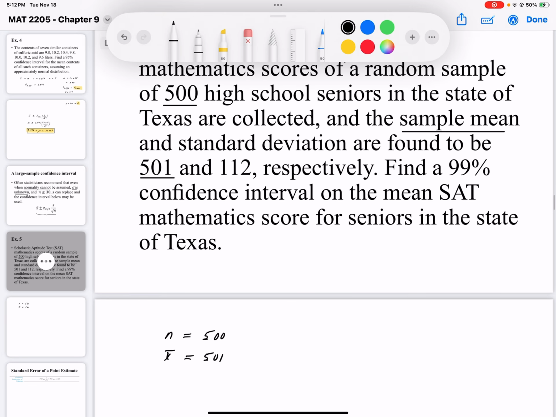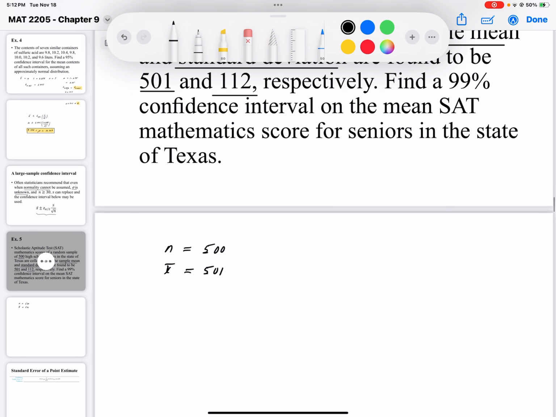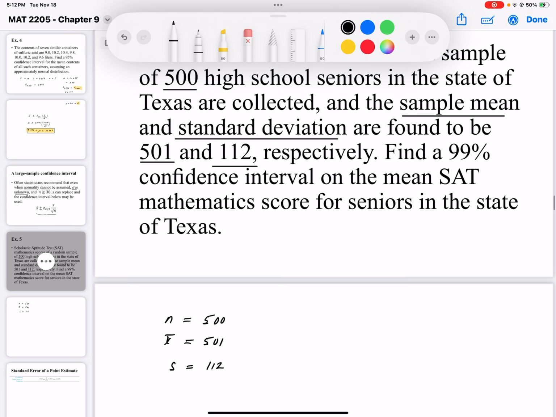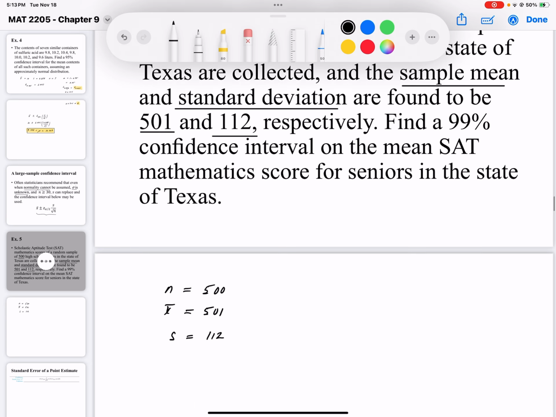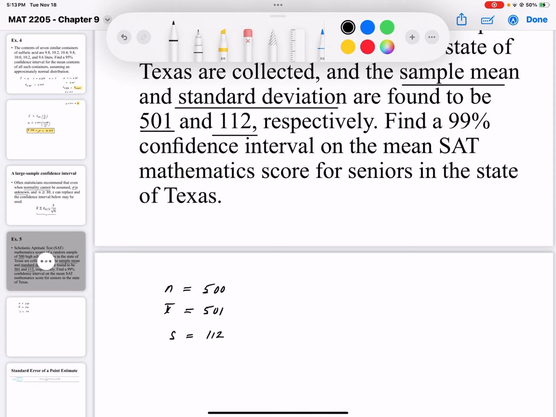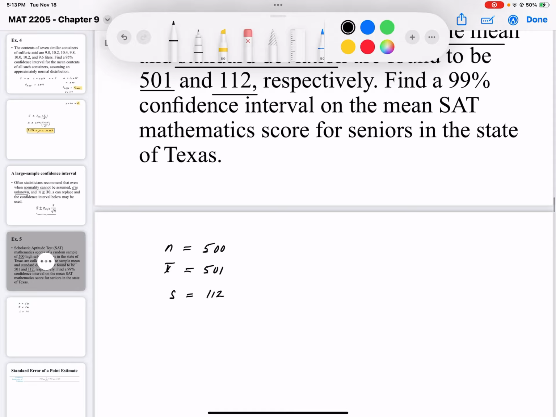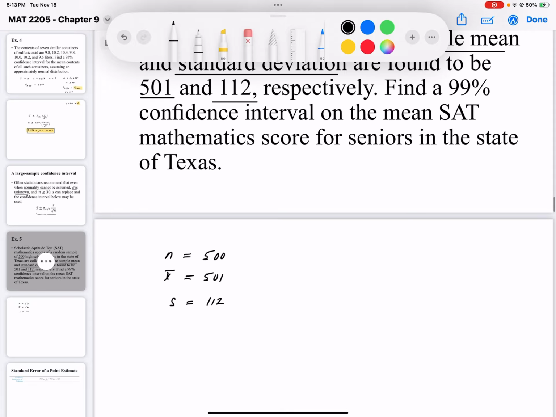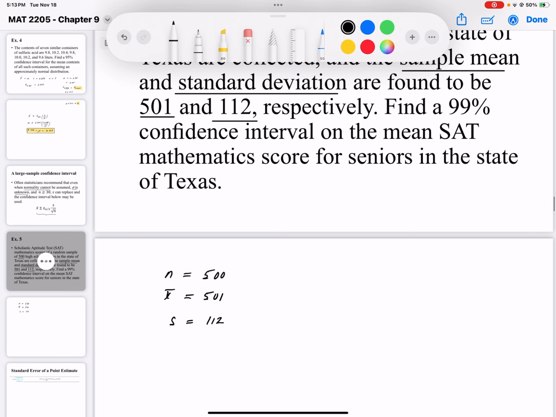The sample standard deviation is 112. 99% confidence interval. All right. Well, let's do it. 99% confidence interval.